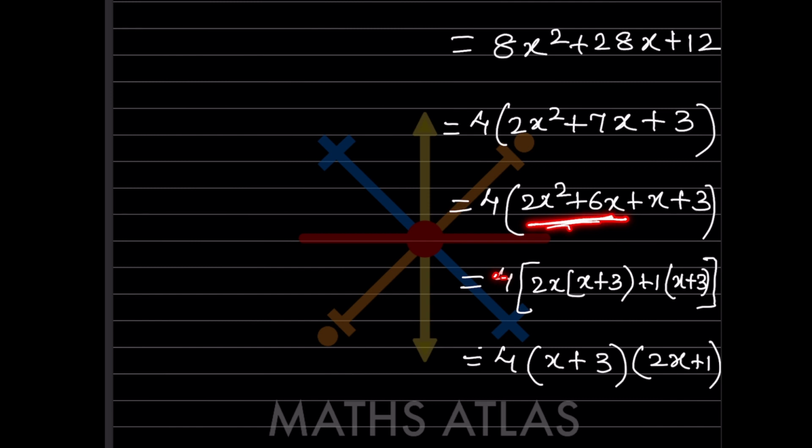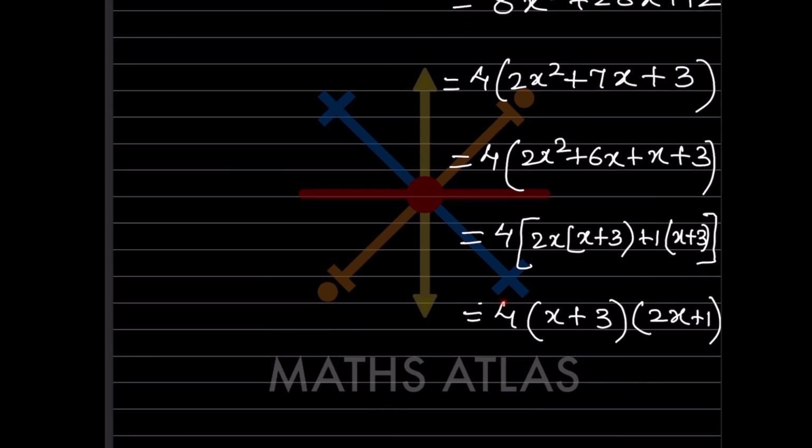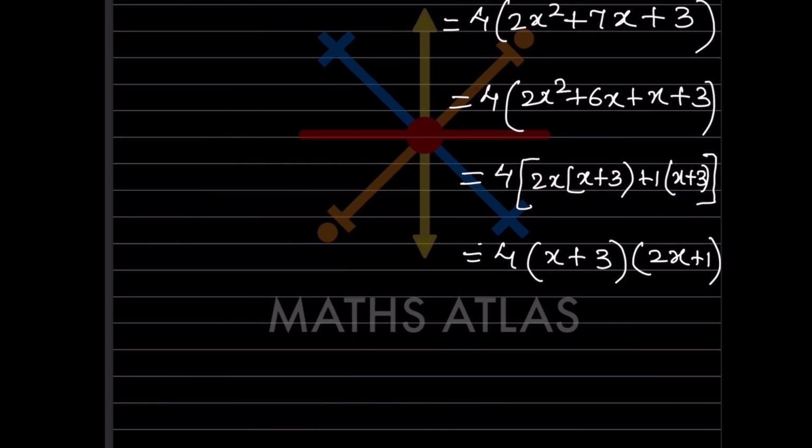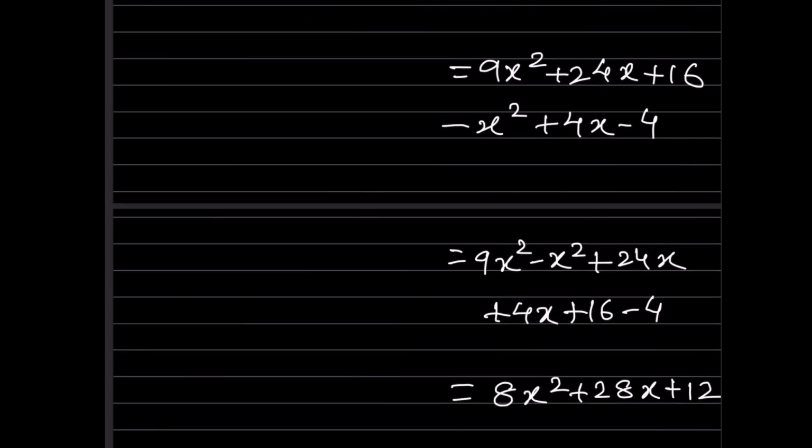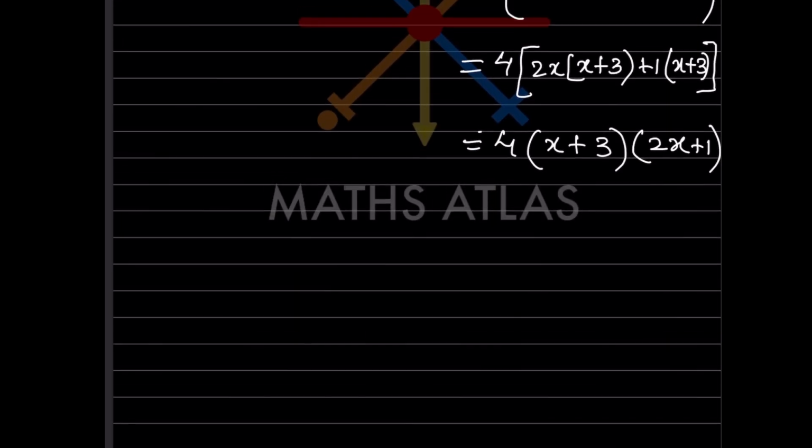From the first group the common factor is 2x, and what remains in the bracket is x plus 3. From the second group nothing is common, so write 1, and what remains is x plus 3. Both the brackets are the same, so write it only once, and what is outside is 2x plus 1. So the answer, the area of the shaded region, is 4(x plus 3)(2x plus 1) square units.